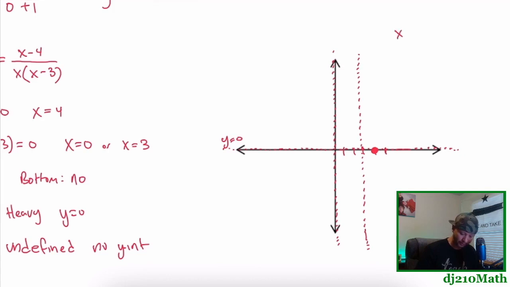So when x is 5, y is going to be 5 minus 4 over 5 times 5 minus 3. 5 minus 4 is 1. 5 minus 3 is 2. 2 times 5 is 10. So the most important part is that the y value is going to be positive. So it's going to be a tenth.